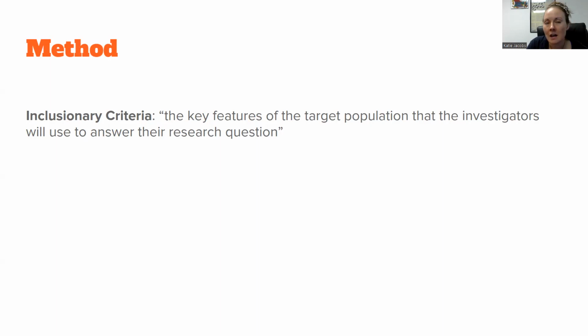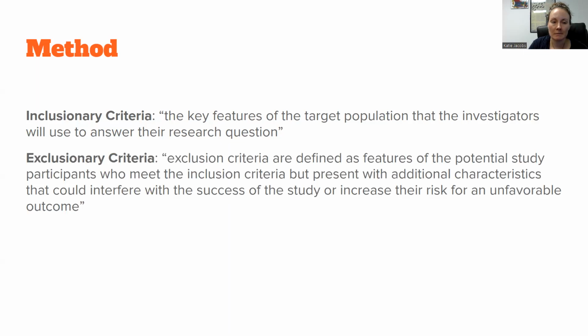Or there might be a certain cutoff of depression that participants must have on the Beck Depression Inventory to be included in the study. Often it could be that they're 18 plus because you're wanting to study adults, or whatever you're wanting to examine.